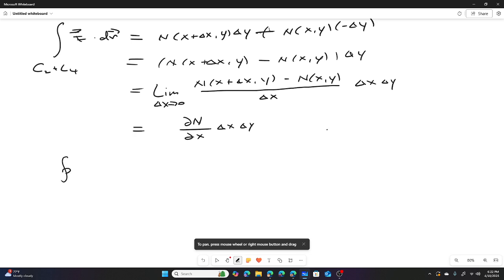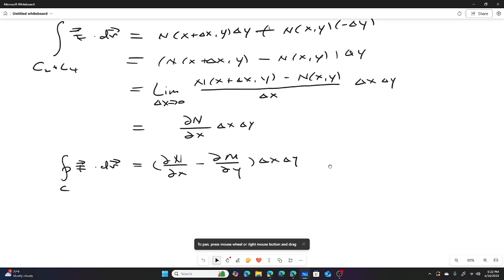So putting it all together, you have the closed loop C of F dot delta r, which is equal to the partial of n with respect to x minus the partial of m with respect to y, delta x, delta y.